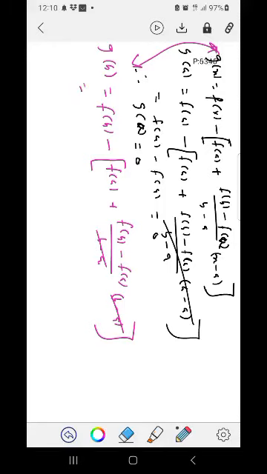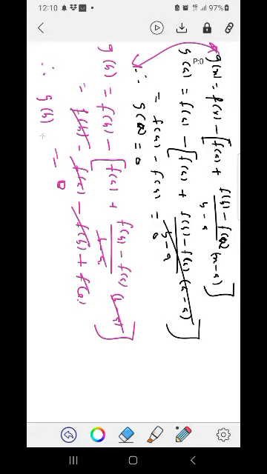Which means I'm going to have F at B minus F at A minus F at B plus F at A. That's my minus coming in. So everything cancels out and it's now 0. Therefore, G at B will be the same thing as G at A.